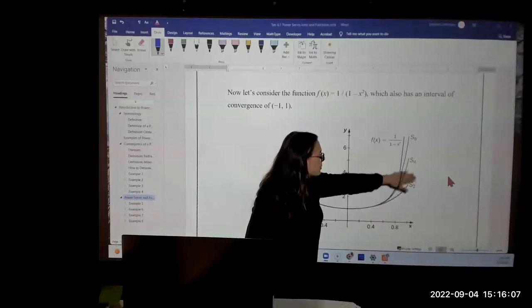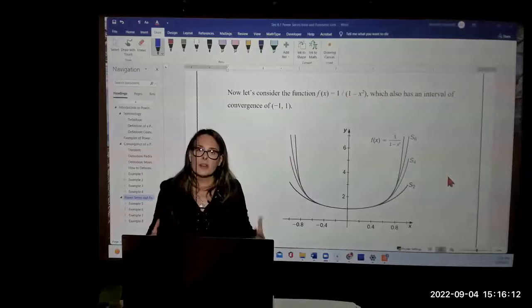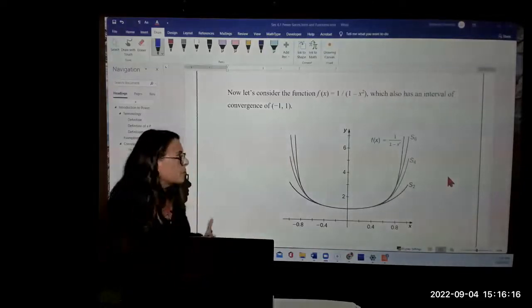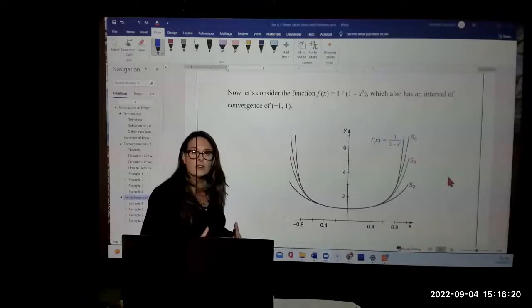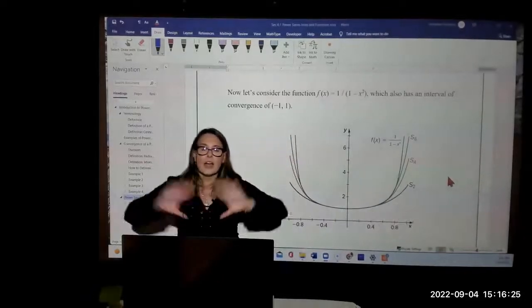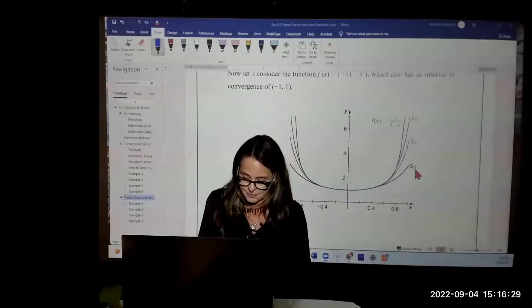And then we have the 3 functions, S2, S4, and S6, which are approximations of the infinite series. And they're better and better approximations for that function over wider and wider intervals, only between -1 and 1. Now, outside of that, they probably veer off wildly from that function.